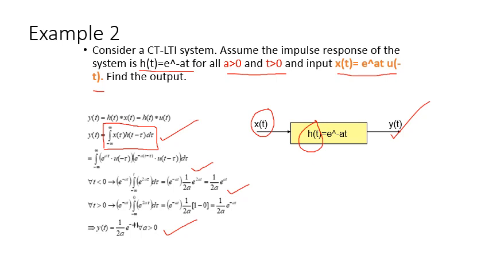As the values of h of t and x of t become complex functions in the time domain, this integral becomes very difficult to calculate. This is where the transforms which we have studied come in, like the Laplace transform, Fourier transform, and Z transform. Some are for discrete time signals, some are for continuous time signals. So these transforms help out a lot. How they help, we will see.